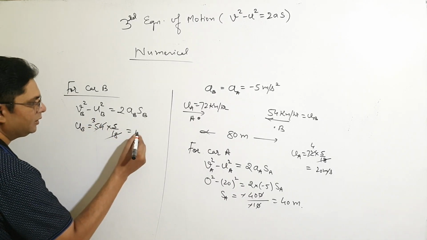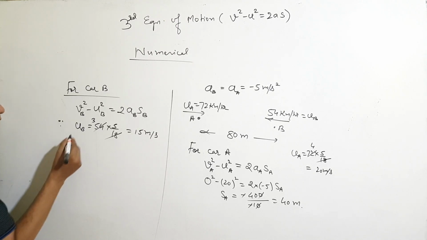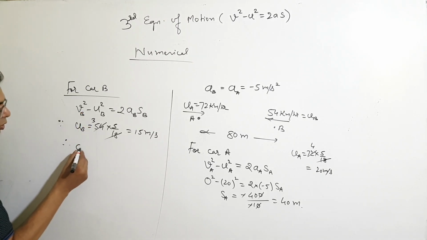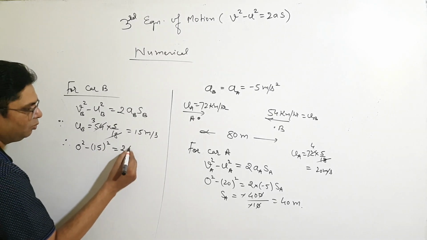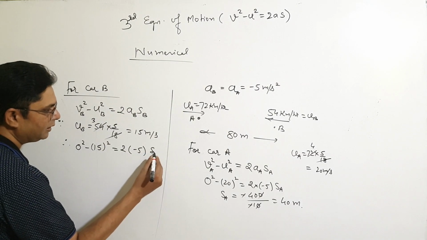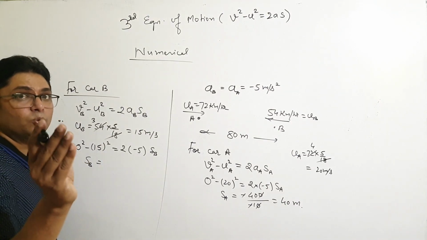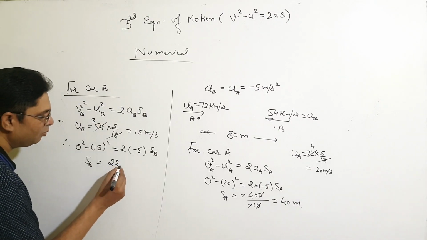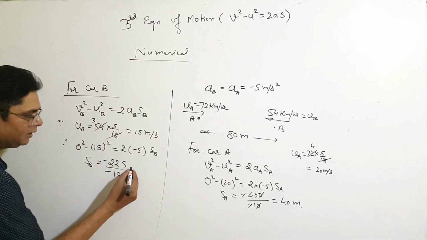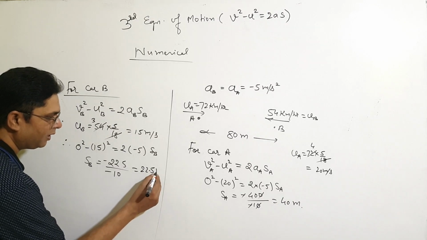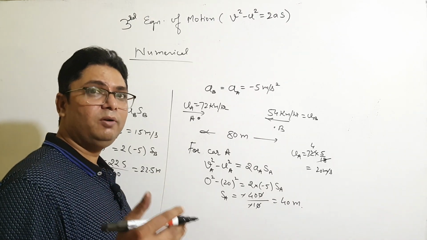This is 3, which is 15 meter per second. Therefore, for B it is 0 square minus 15 square is equals to 2 into minus 5 into s_B. So s_B is, the square of 15 is 225. So here you have 225 with a minus sign. 2 into 5 here, minus 10 is here. It is 22.5 meter. So distance covered by car B is 22.5 meter.